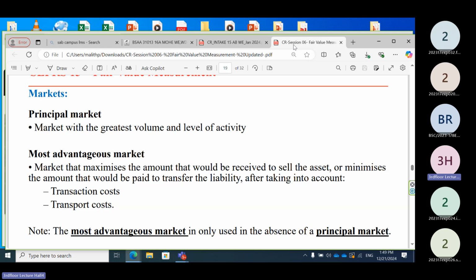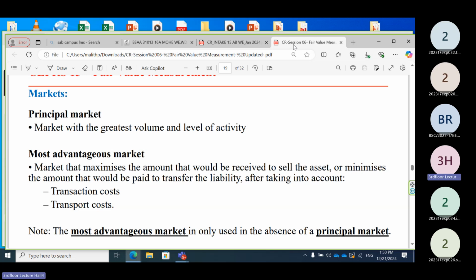The transaction cost is part of the transaction. Transaction cost can be manipulated. Transaction cost depends on the transaction, not on the asset. Transaction cost is not unique to the asset. It depends on the transaction. It's not part of the fair value.